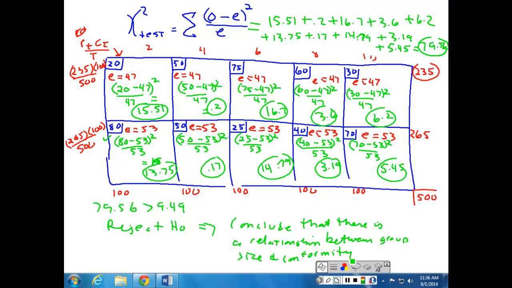Okay, so on your calculators, let me, I'm looking now back at these. Oh, that's awesome. The original data for the problem.